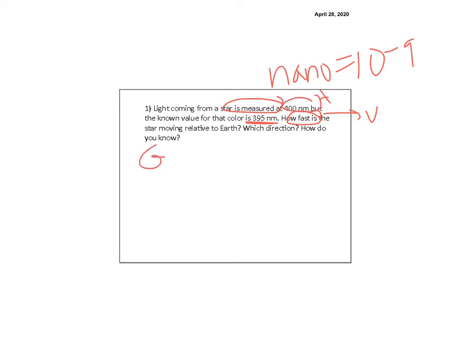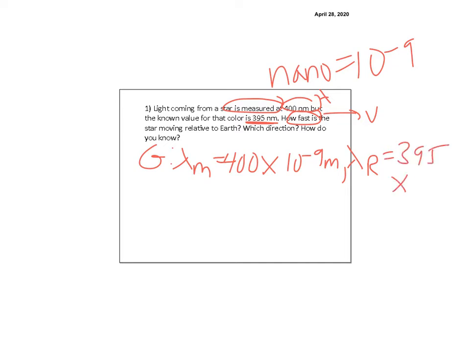So in my given, we have the lambda measured is equal to 400 times 10 to the negative ninth meters. And then we have the other one, which we're going to call R for real, which is 395 times 10 to the negative ninth meters. And then we always know the speed of light, which is 3 times 10 to the eighth meters per second.